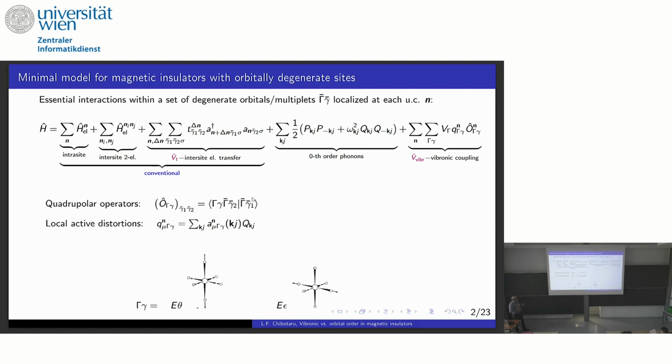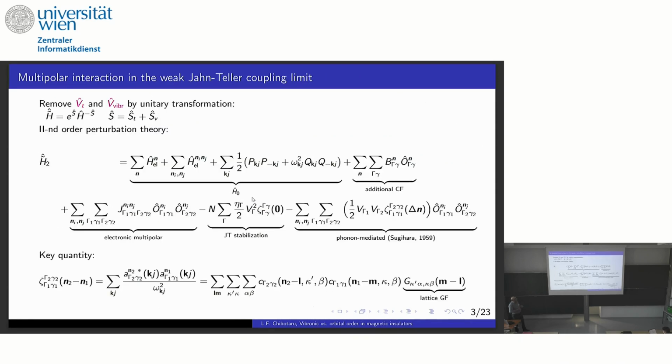So now we want to see what will be the effect of this lattice in the weak Jahn-Teller coupling limit, so when this electron-phonon or vibronic interaction is weak. So we do a usual transformation, which we usually do when we obtain, for instance, the usual multipolar interaction.